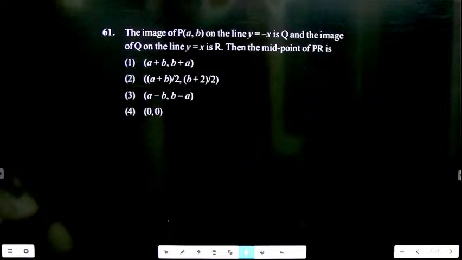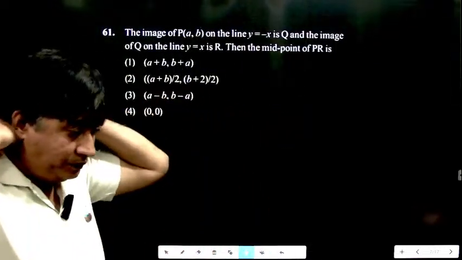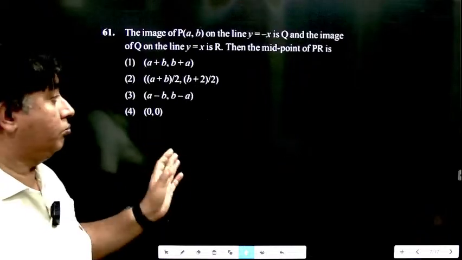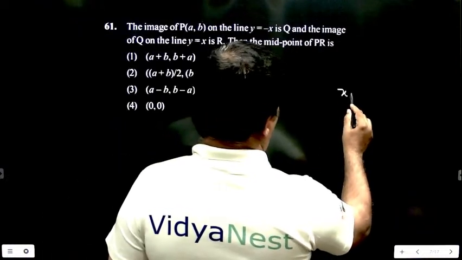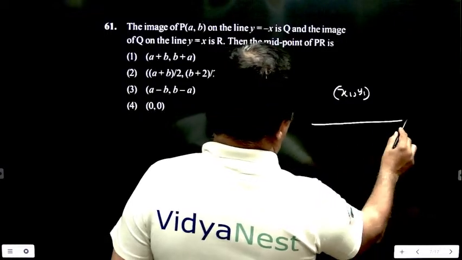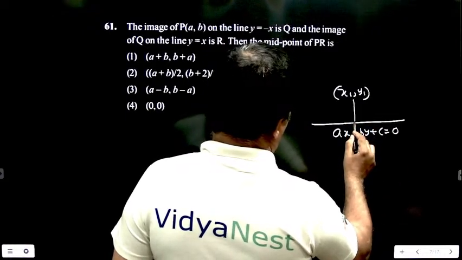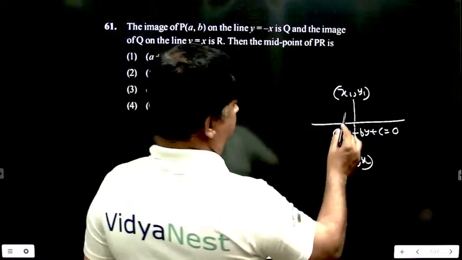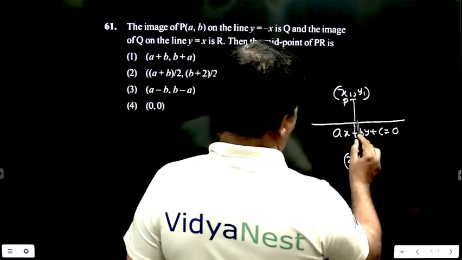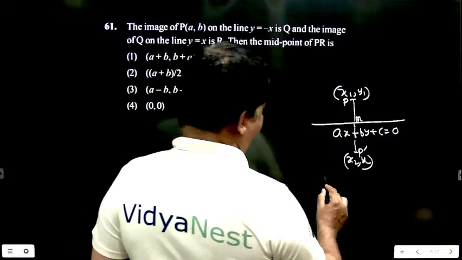Yes, sir. Okay, let's discuss. We already have the knowledge that if there is a point, say x1, y1, and there is a straight line x2, y2, p dash is the image of p. So how to find the image? With this equation.